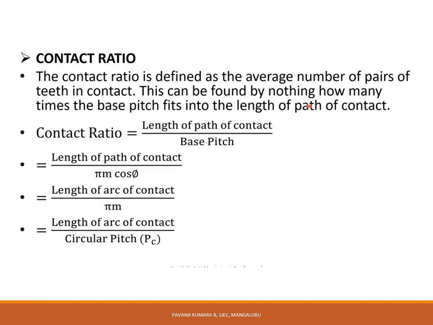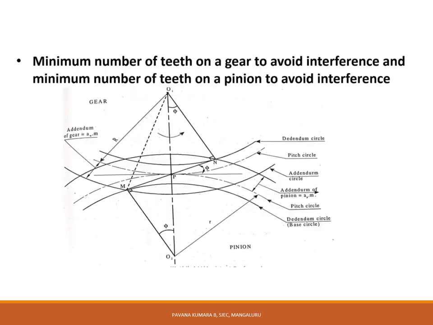So contact ratio is the length of path of contact divided by base pitch, that is equal to length of path of contact divided by pi m cos phi. So the final expression: contact ratio is nothing but the length of arc of contact, in terms of path of contact, we can also write in terms of arc of contact divided by circular pitch.